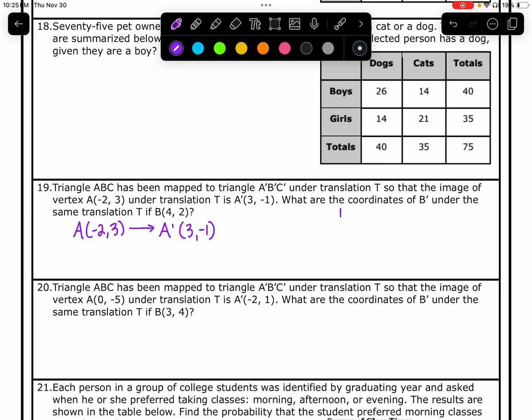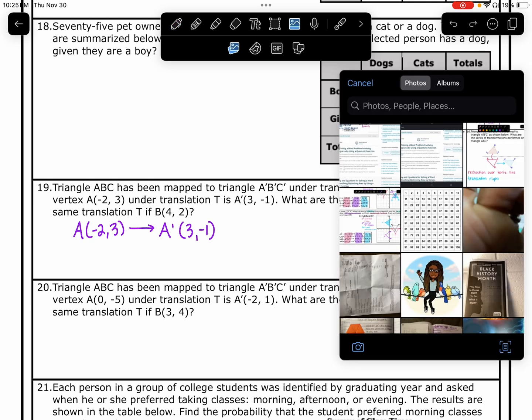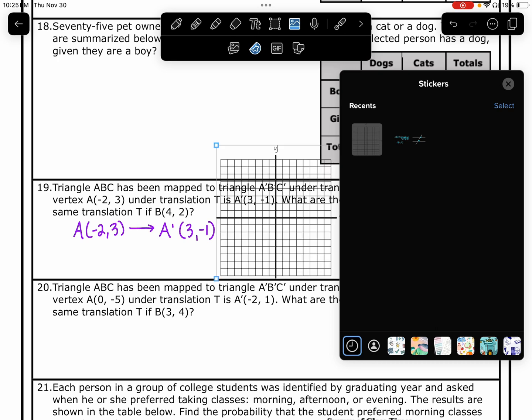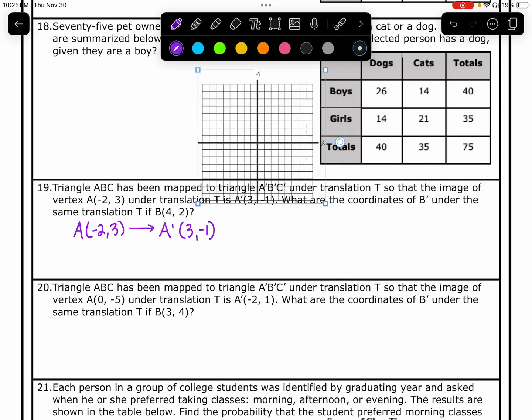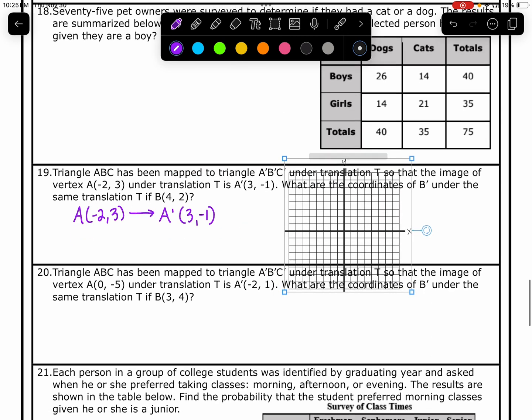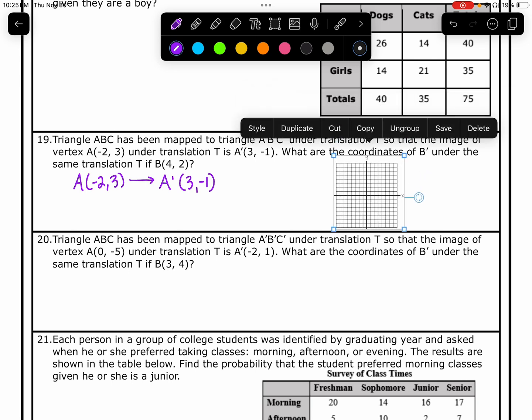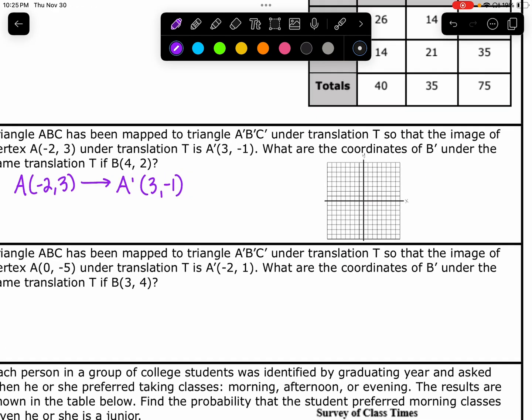So I'm just going to sketch a graph. It's probably not the best idea. Hold on. See if this works out. I'm going to put it up here. Well, no, I'll put it down here. It's teeny tiny.